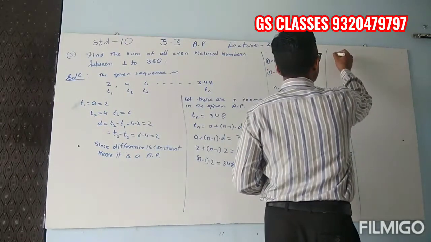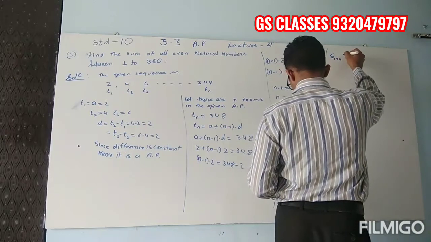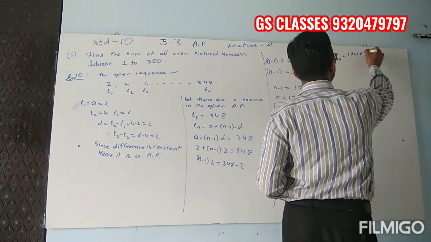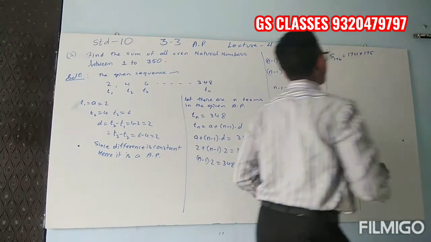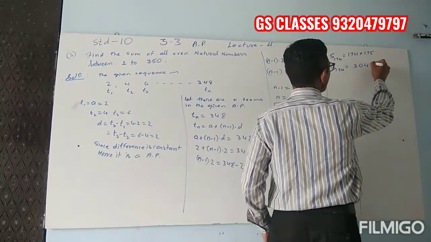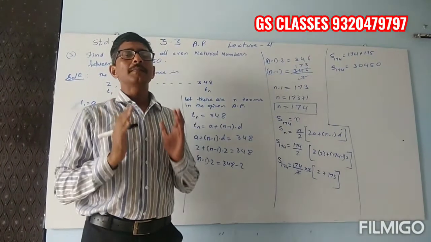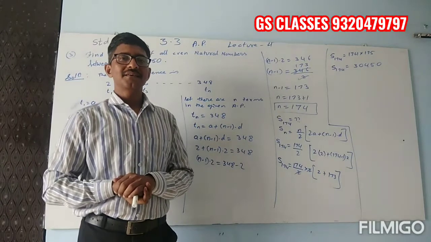Now the sum of 174 terms is going to be 174 into 175, which is 30450. Dear children, do the multiplication and confirm the answer.